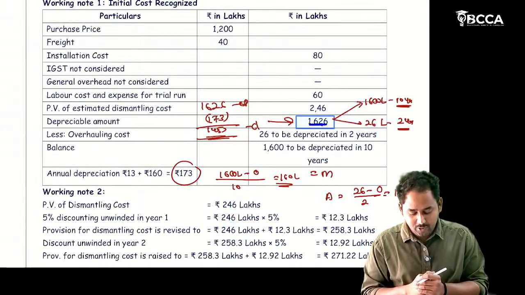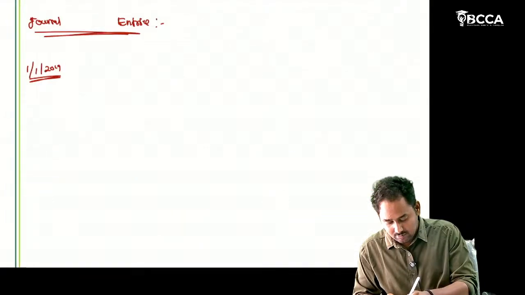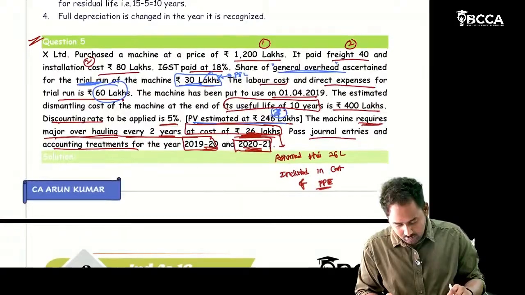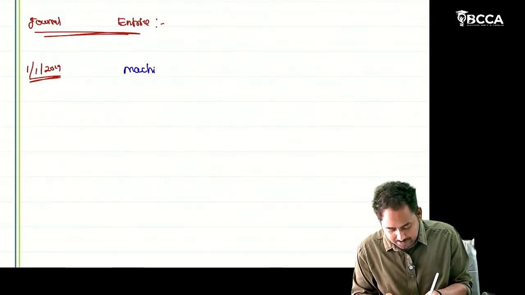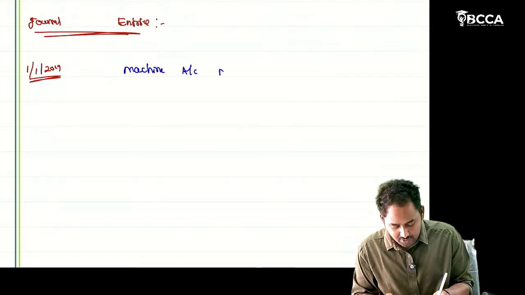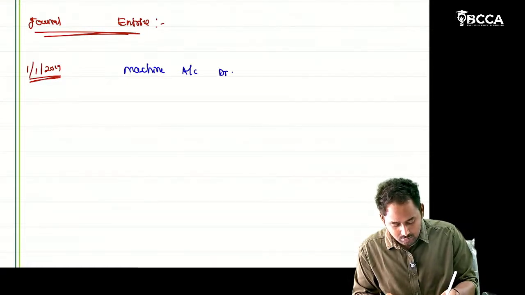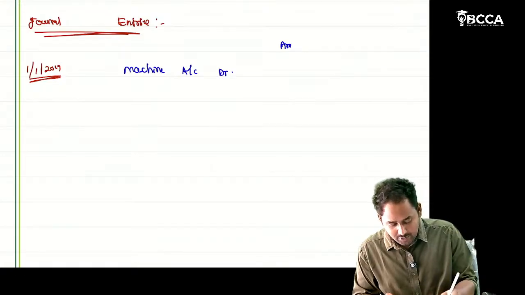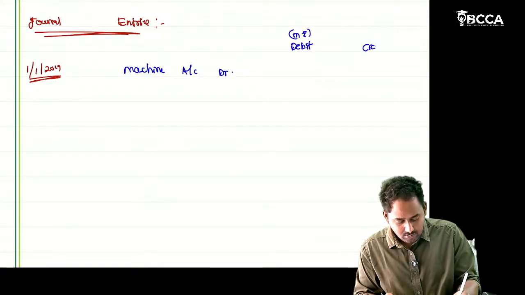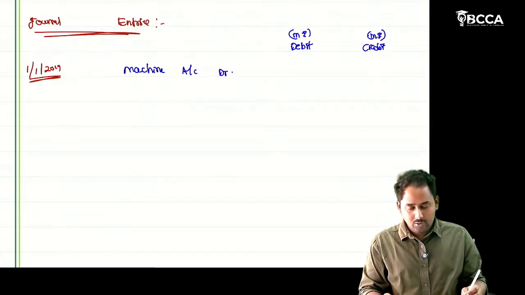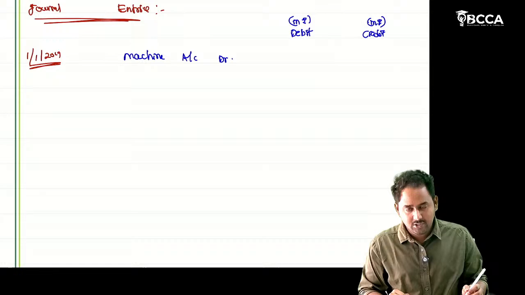The asset should be recognized at 1626, whether it is machinery or purchase of a machine. So the machinery account is debited, with the amount in rupees.